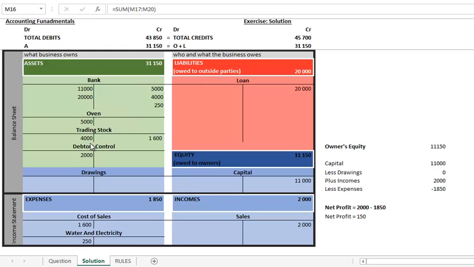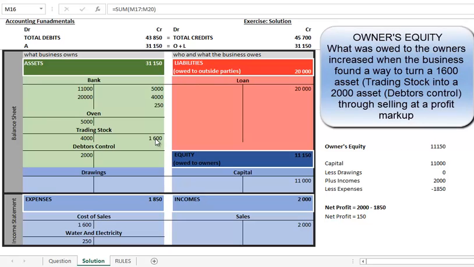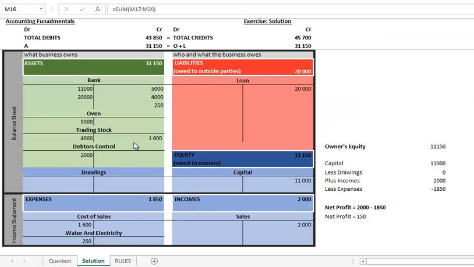The only time my equity changed was when I actually sold 1,600 Rand worth of trading stock for 2,000 Rand on credit. And you can see that my assets here decreased by 1.6 but increased by 2,000 Rand, resulting in an increase in my equity. And then lastly, I lost 250 Rand to an expense, water and electricity that we used, which again decreased my equity to 11,150. Hopefully you now know how a business actually makes money.